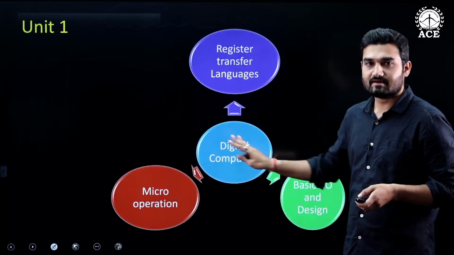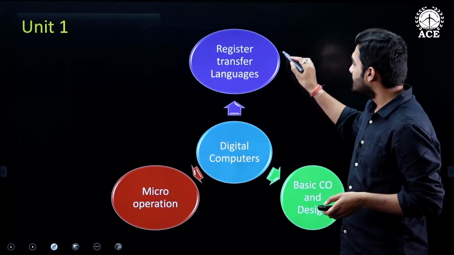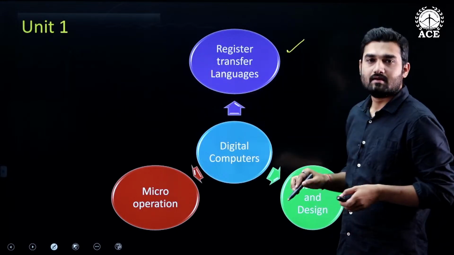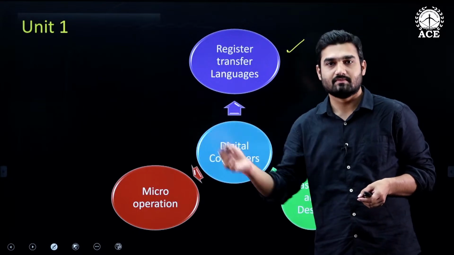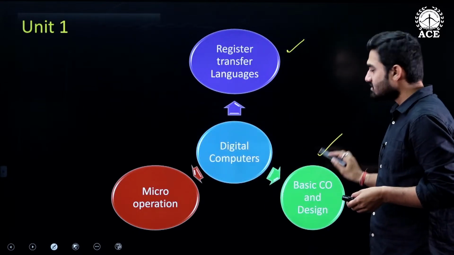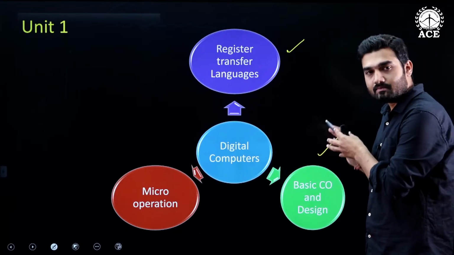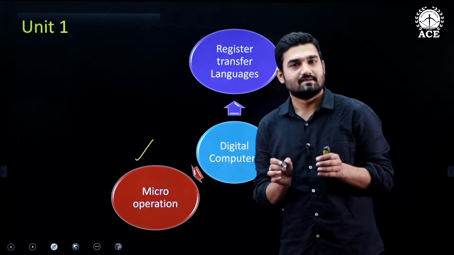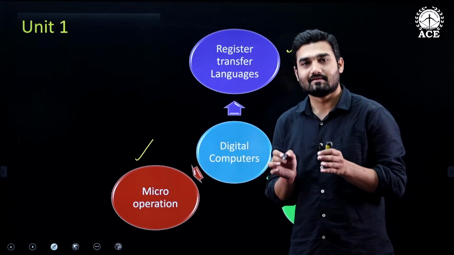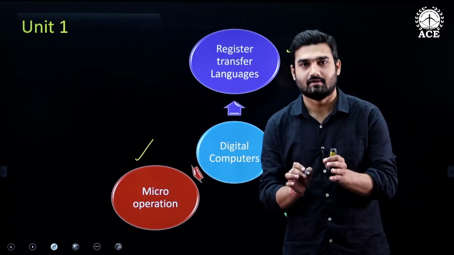These 3 points are really important in unit 1. Register transfer, how you are transferring your data through registers via bus. What is your computer design? What is the block diagram of your computer? What are all the micro operations? These 3 are really important topics in unit 1.